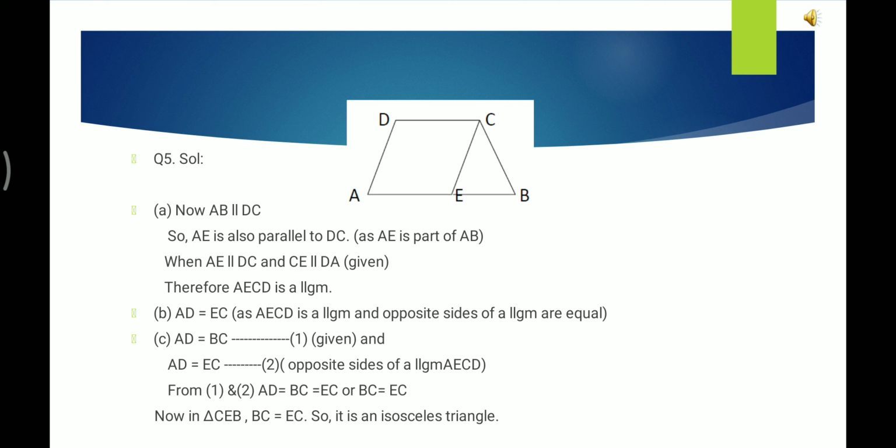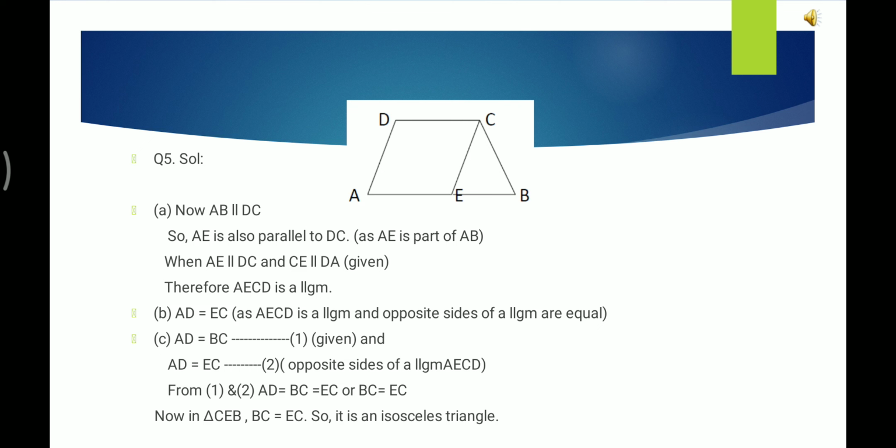In part C, we have to say triangle CEB is an isosceles triangle. For any isosceles triangle, we have to make two sides equal. So, focusing on the figure, we find AD is equal to BC. We will mark it as first, that is given. Number second, AD is equal to EC.